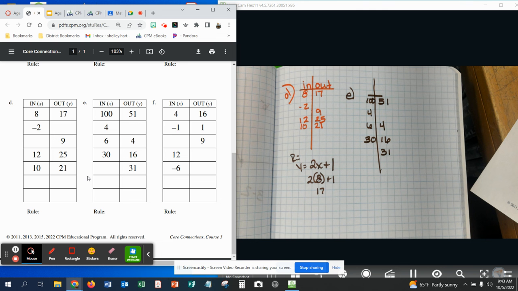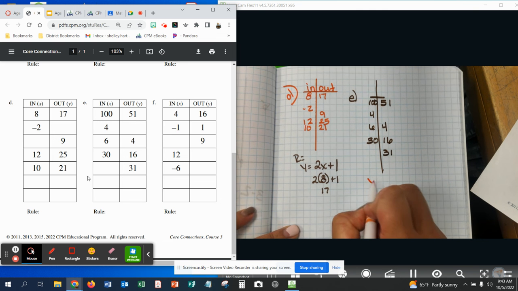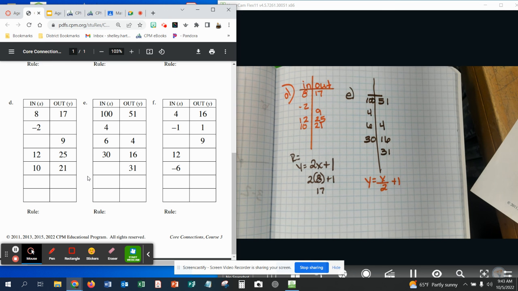Yes. Divide by 2 plus 1. Yes. So it's going to look like this. Y equals x divided by 2 plus 1. These are kind of fun though, right? Tomorrow will be harder. But this is fun now.